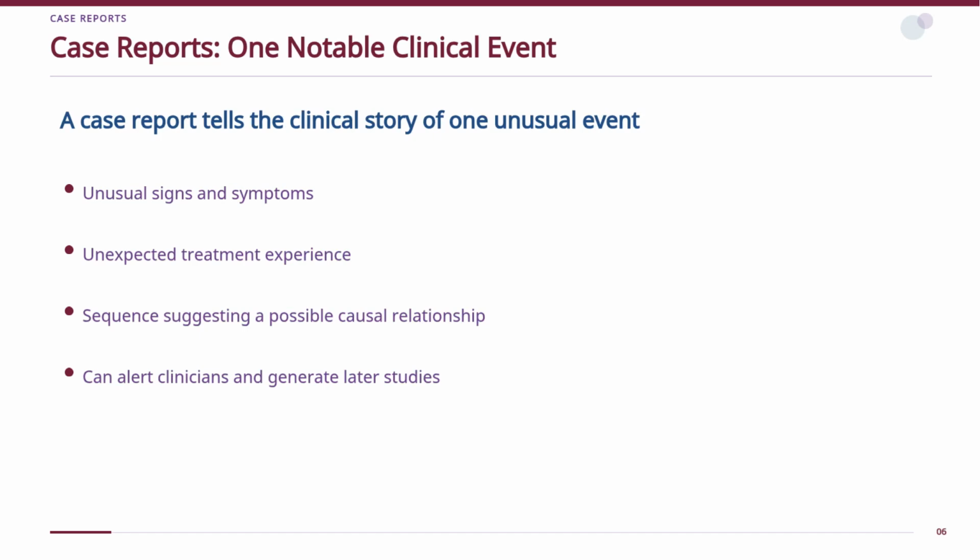The event may involve an unusual combination of signs and symptoms, an unexpected experience with a treatment, or a sequence of events that suggests a possible causal relationship. A case report can alert other health professionals to watch for similar events. It can also lead to later studies that measure the size of the problem or test a possible association.